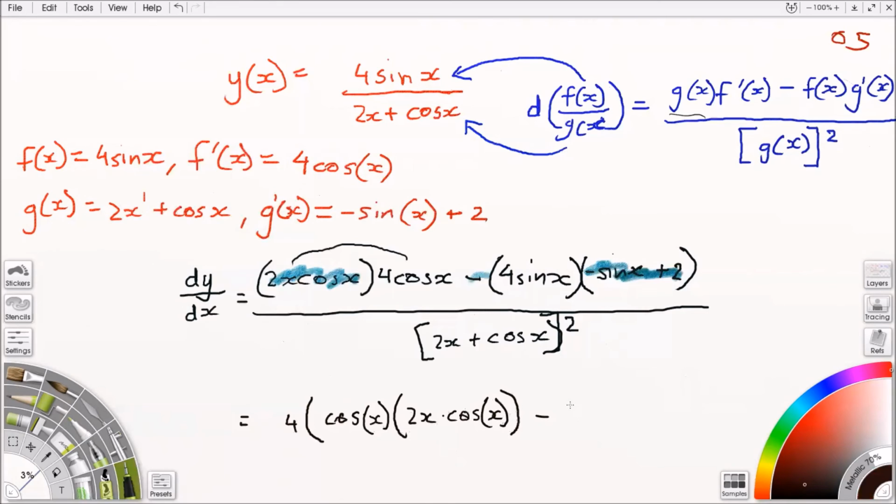Minus, then we just have sine x times by, we'll just bring the 2 out the front like they did, negative sine x.